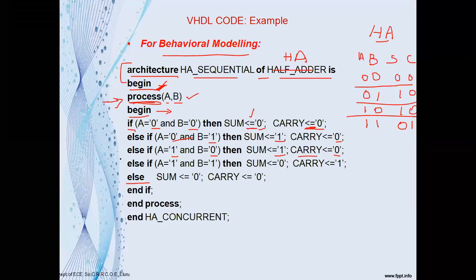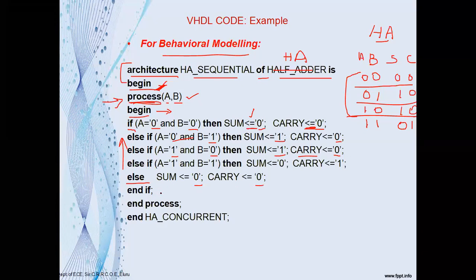If all the above conditions are not satisfied, then it is else. So if the input conditions are not 0 0, 0 1 and 1 0, then the possible combination is 1 and 1. So for 1 and 1, the sum is 0 and the carry is 0.